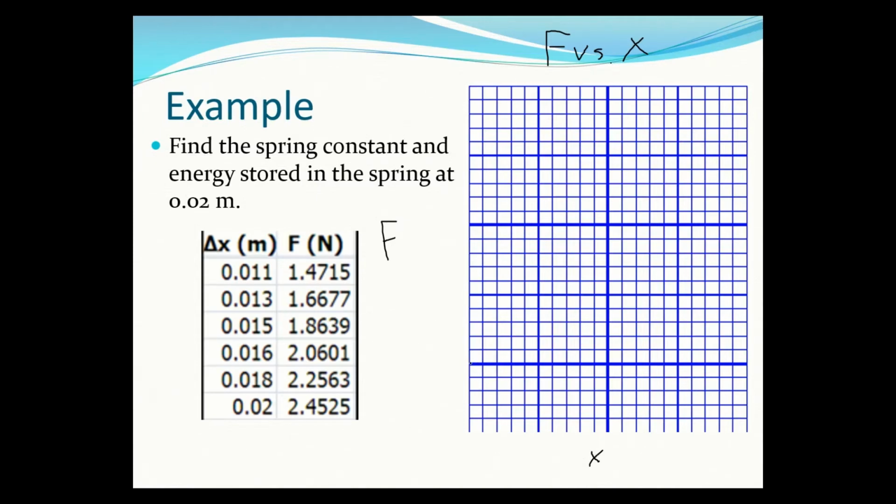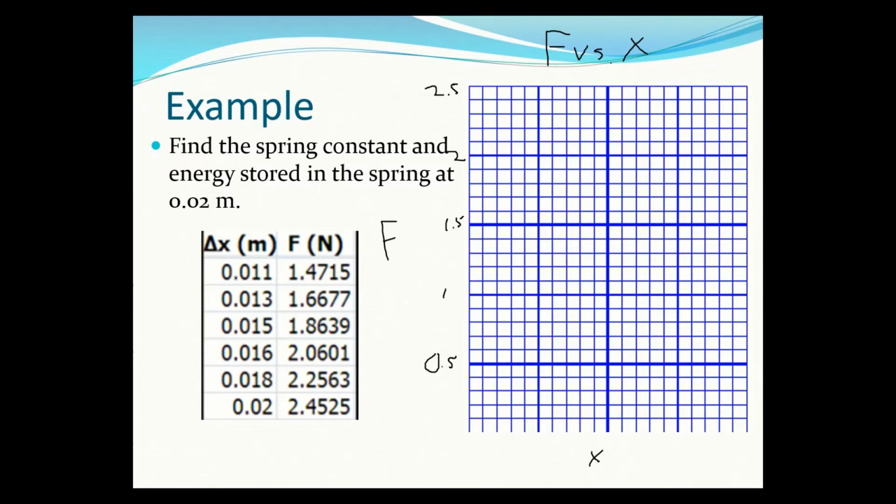So if we just go up by 0.5s, then we'll get everything on there. So 0.5, 1, 1.5, 2, and then 2.5.